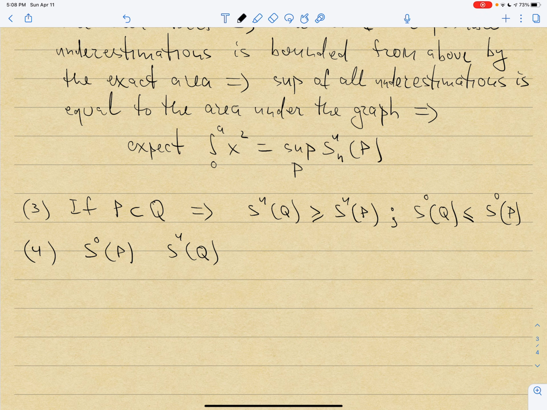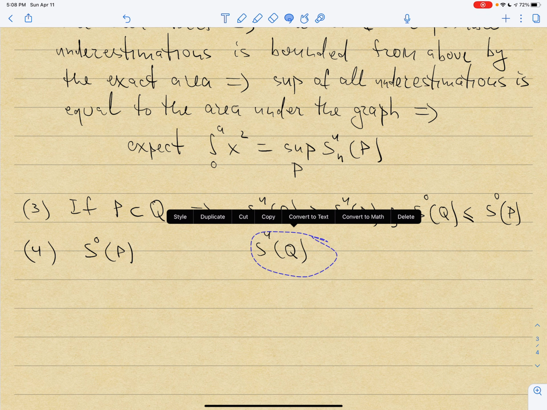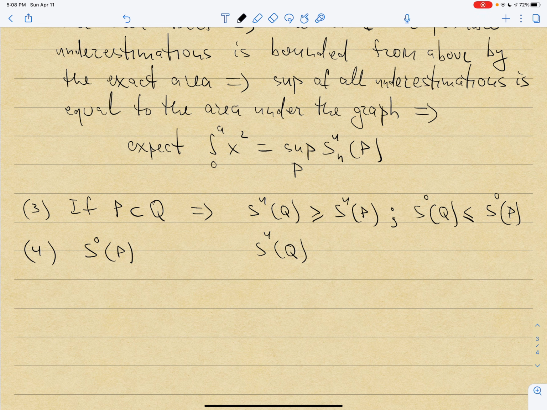Well, any underestimation is less than the actual area under the graph, and any overestimation is greater than the area under the graph. So overestimation is greater or equal than the area, and the area itself is greater or equal than any underestimation.